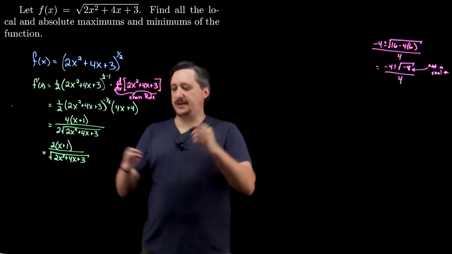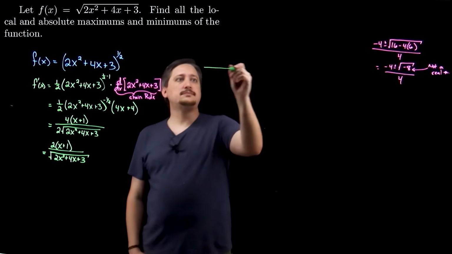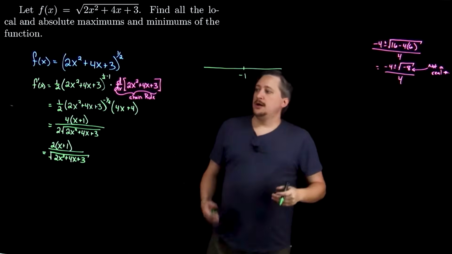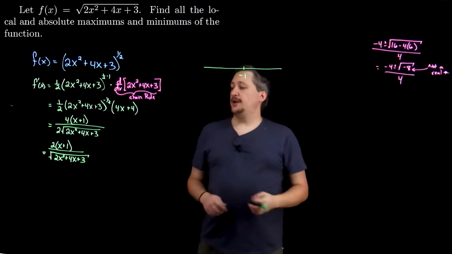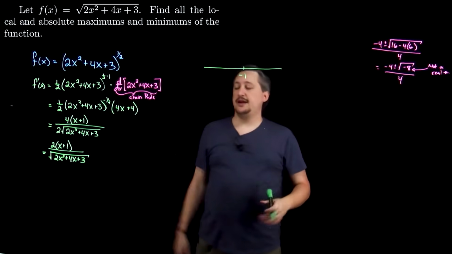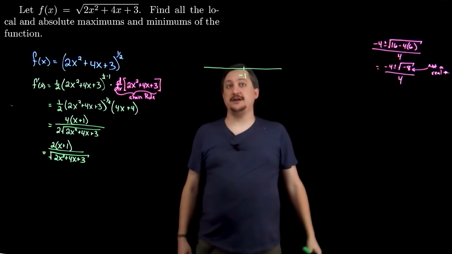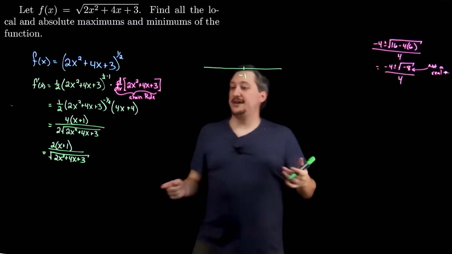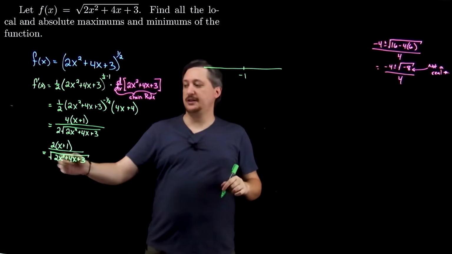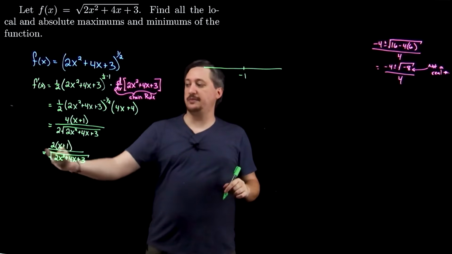So I don't have to worry about when it doesn't exist. That means I can now do my sign chart. And the only thing I have is when x is negative 1. But when x is negative 1, what happens? Well, I can pick some very large negative and some very large positive, plug it in and get my signs, right? But as I was just saying, the bottom is always positive, so it really only matters here.